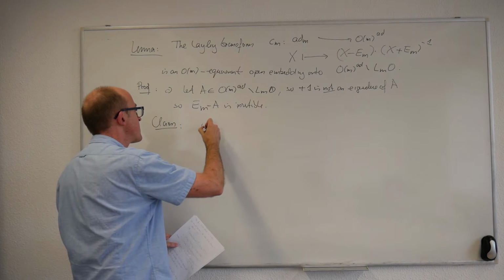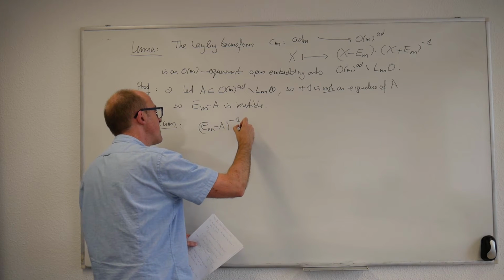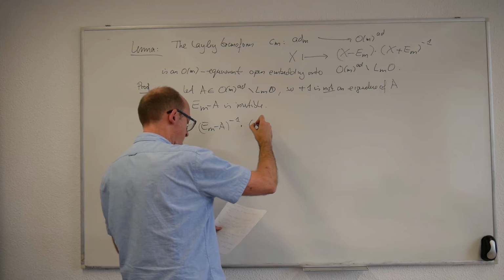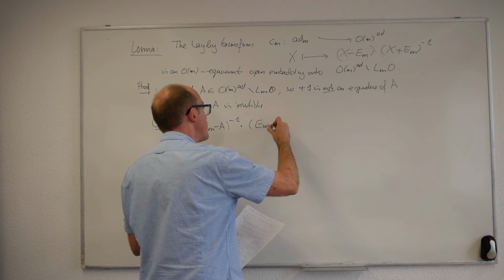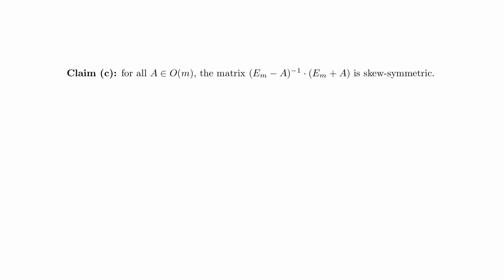So I claim that this expression, (E_m minus A) inverse, now the inverse is on the left, composed with (E_m plus A), lies in a_m. This one more time is an elementary calculation, manipulation with matrices. Let's do this, also mainly to convince you that it's elementary and that there's nothing deep hidden in here.